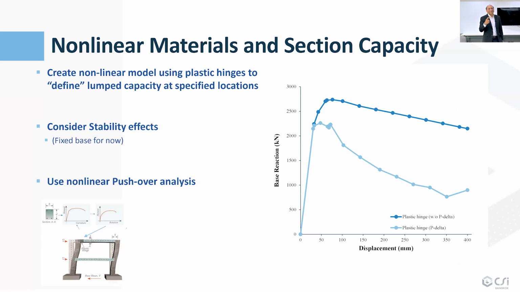And the frame cannot even carry 5,000 kilonewton, unlike the 40,000 predicted by linear analysis.